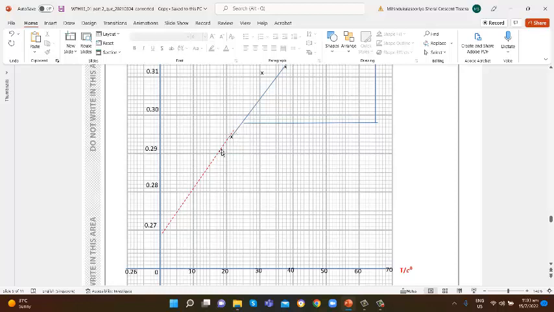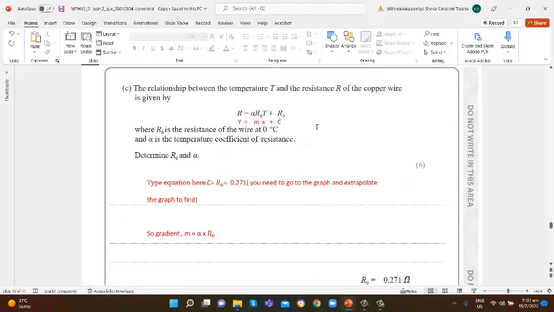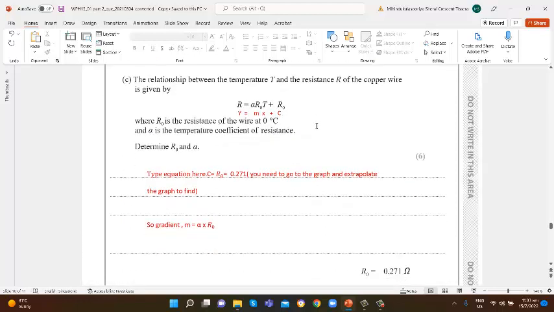You have to make sure your best fit line is exactly extending to your y-axis, because I want R naught. This is the point. So that's what I told you. You have to draw your graph and do accordingly and find R naught. Maybe you will also get the same answer.